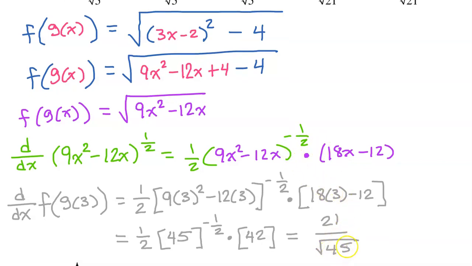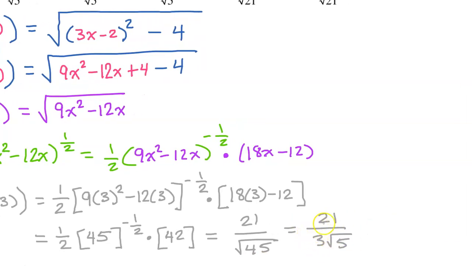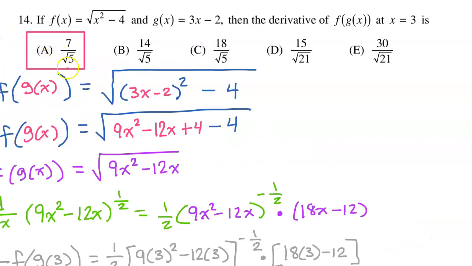Let's simplify the square root of 45. Well, 45 is 9 times 5. So this will simplify down as 3 radical 5. And we still have the 21. Of course, 3 goes into 21 7 times, so we have 7 over the square root of 5. So the answer is A.